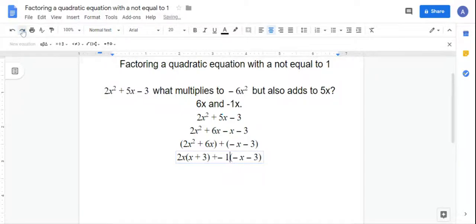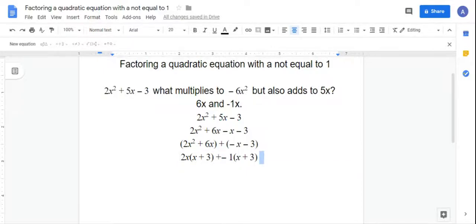Negative 1 times x gives me my negative x, and negative 1 times positive 3 gives me my negative 3. Notice that factoring out a negative 1 just changes the signs of both of my terms. Okay, we're just about done.